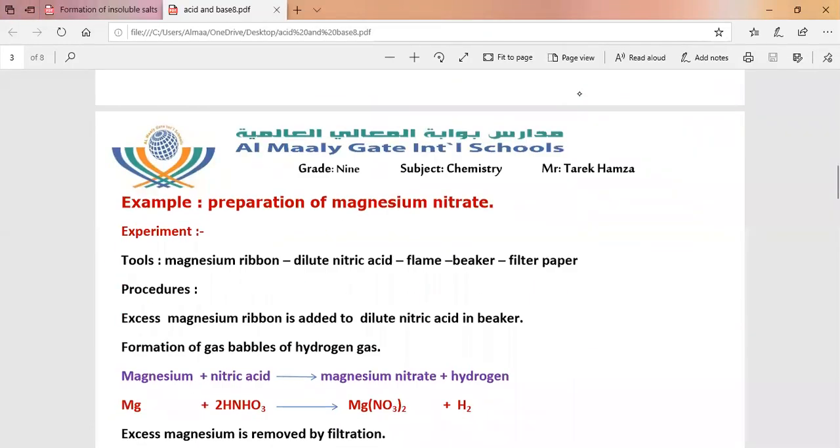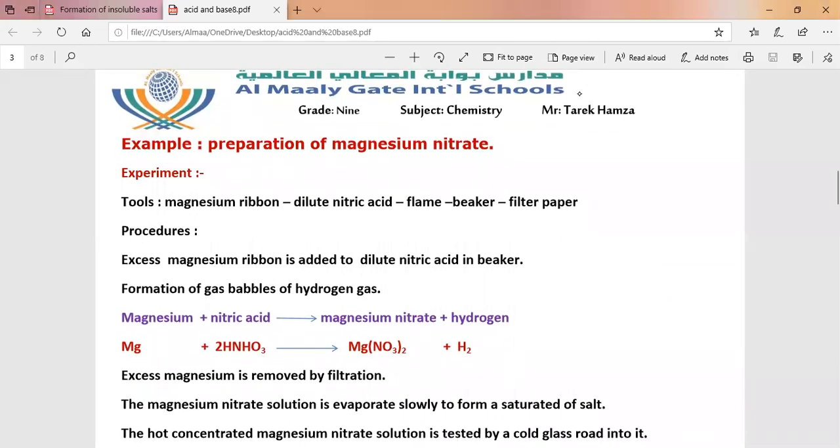Example, preparing of magnesium nitrate. We are going to make a simple experiment to gain magnesium nitrate.